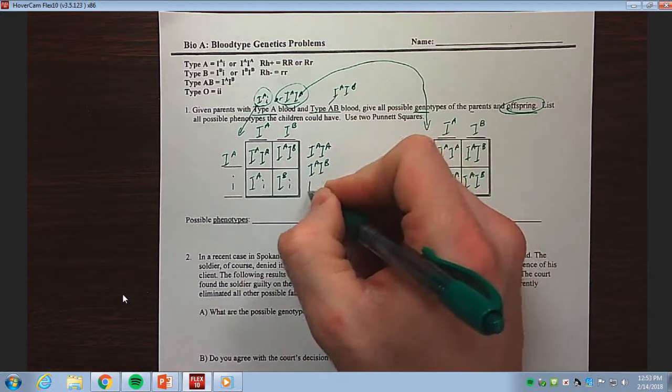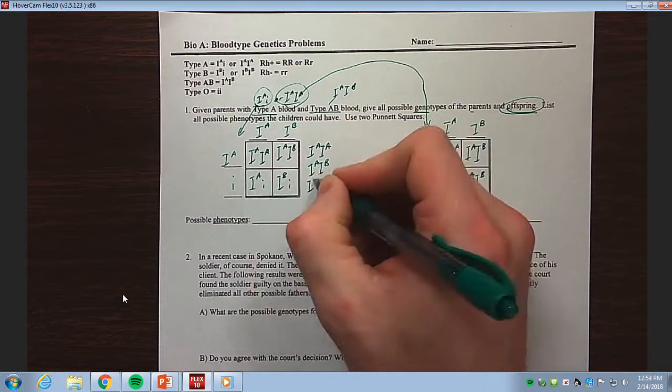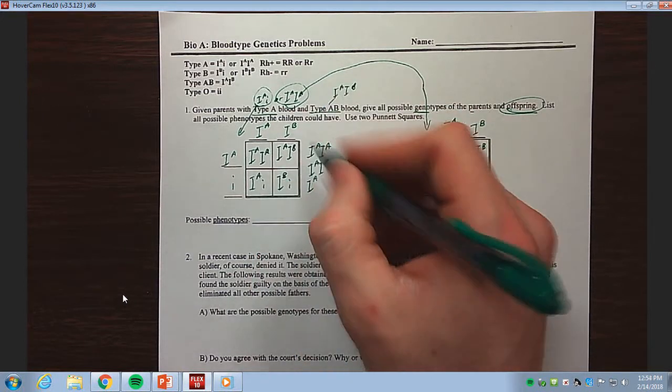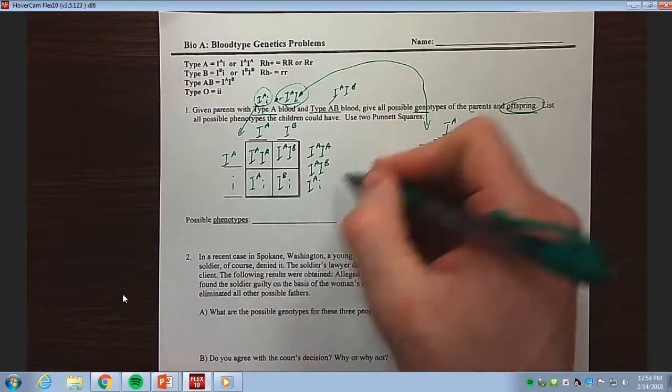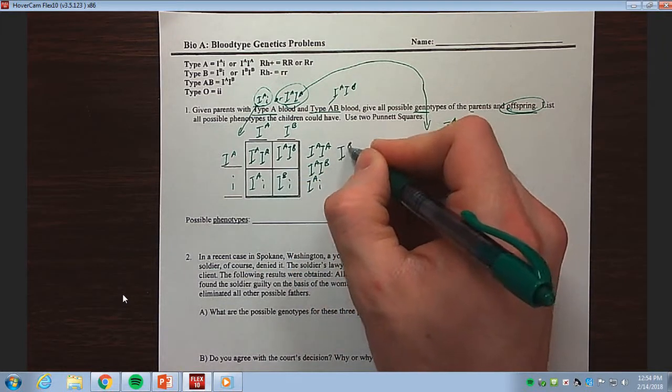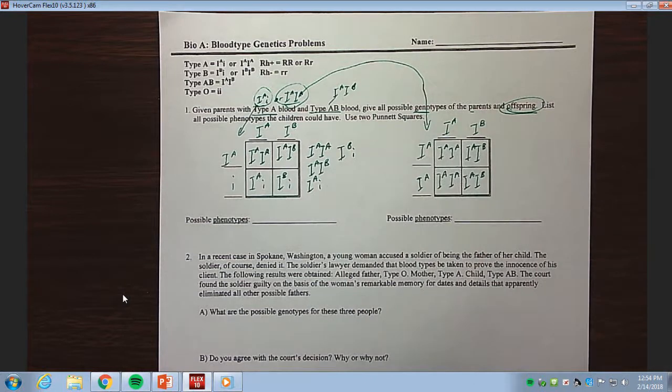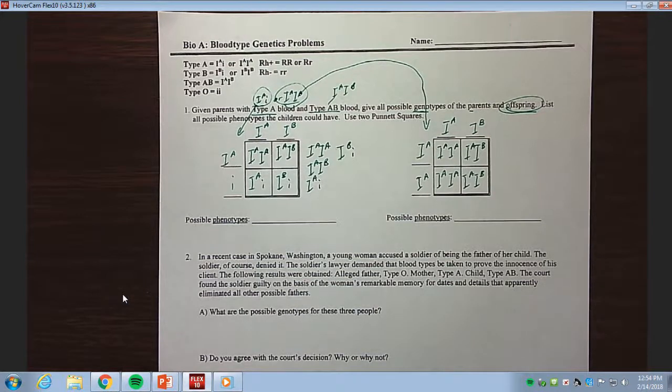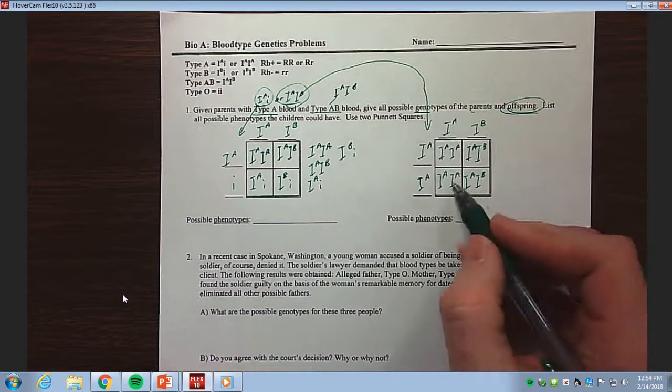I've got A type blood, but heterozygous. I've got B type blood, heterozygous. Wow, all four different genotypes. You can see how these multiple alleles can get a little more complicated than a typical monohybrid cross. Not so bad over here though.